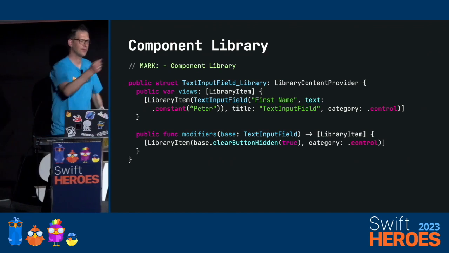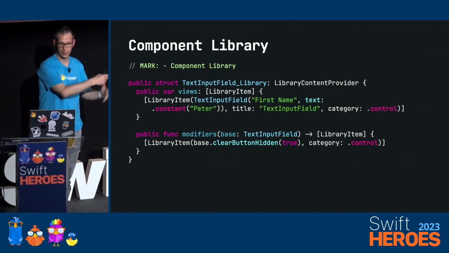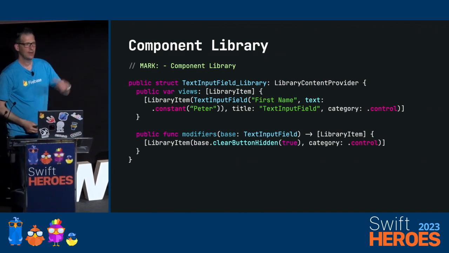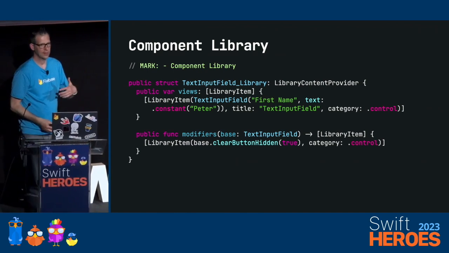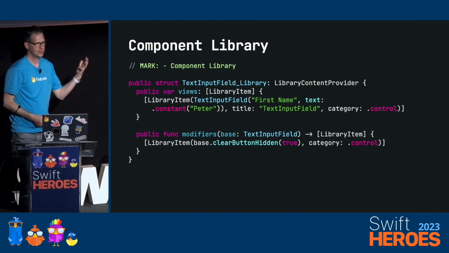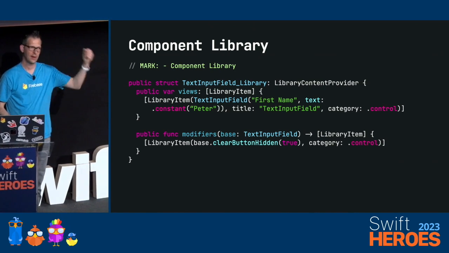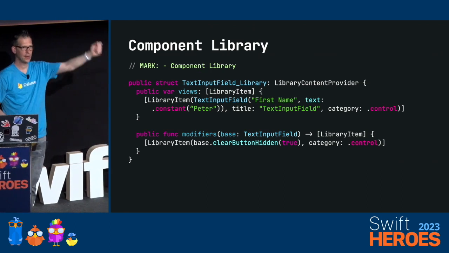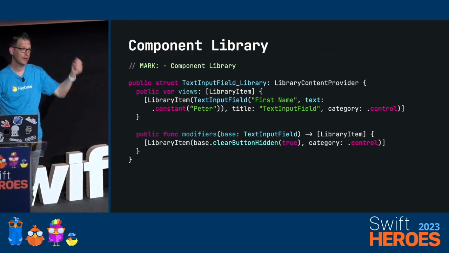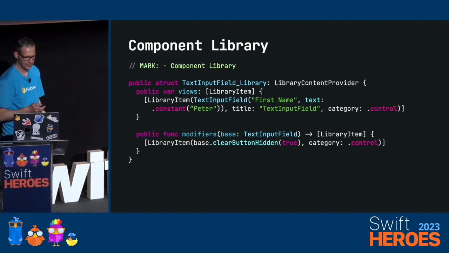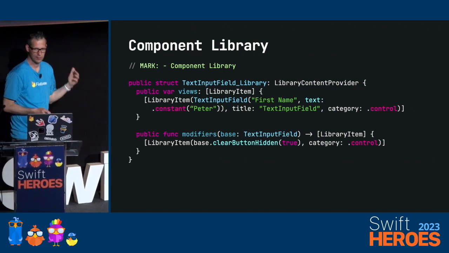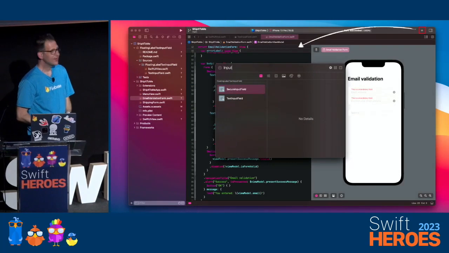So when the user pulls this out from the library, these are the values that appear in the code editor. And for the modifiers, you can do the same. I can register code that I want to appear in the editor when the user goes into the library and pulls out this clear button hidden view modifier. Great. Really great. And this is how it looks.